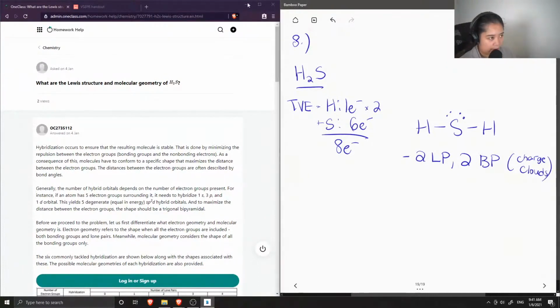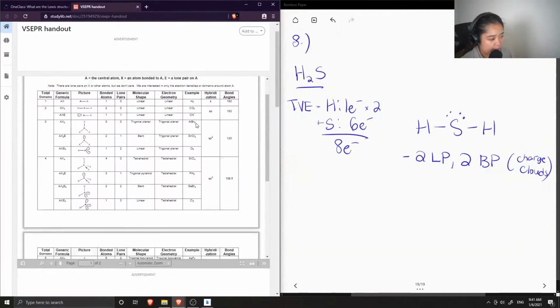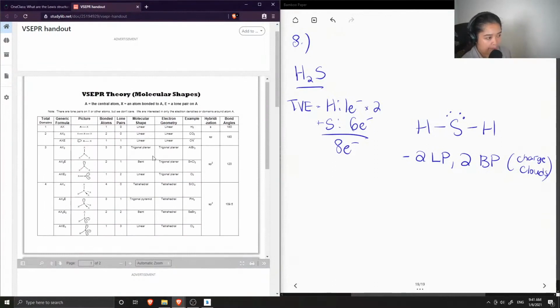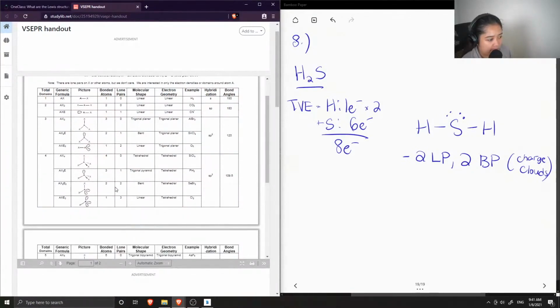And now let's look at this handy VSEPR theory table and compare our structure with it. So we have 2 lone pairs and 2 bonded atoms, so you can see it down here. Its molecular shape is bent, and the electron geometry is tetrahedral.